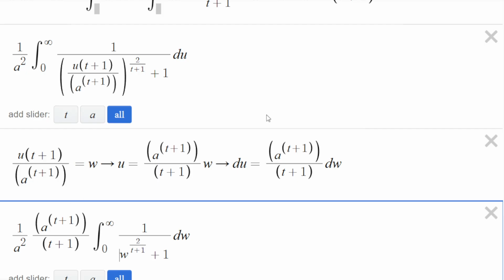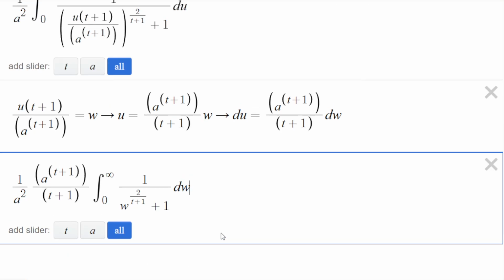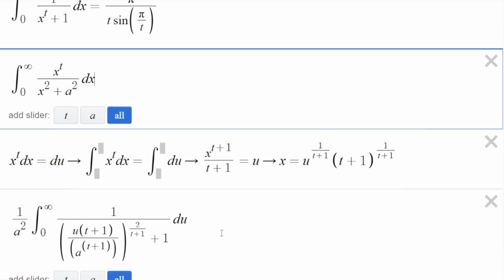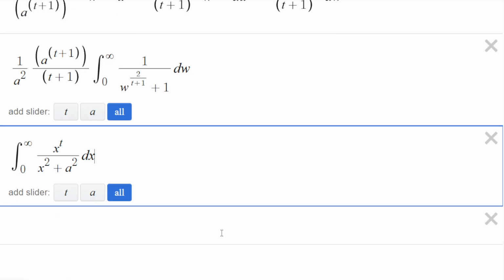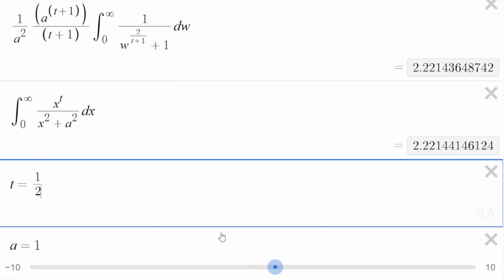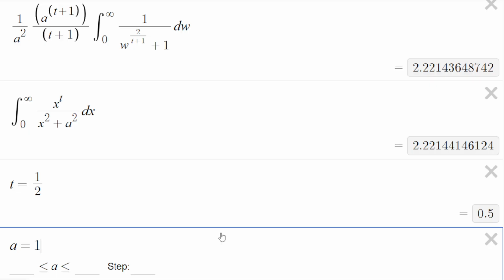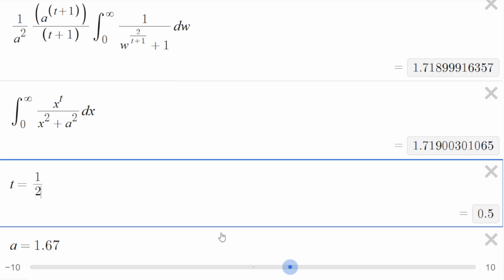Okay, now let's check it. We need to make sure that this is in fact equal to this. So let's plug in a 1/2 and then maybe a 1.67, and we'll make this 1 over e. Okay, they do. I mean, they pretty much match.